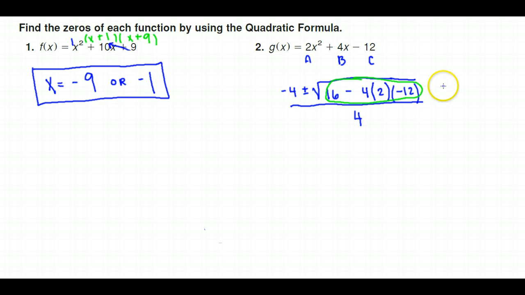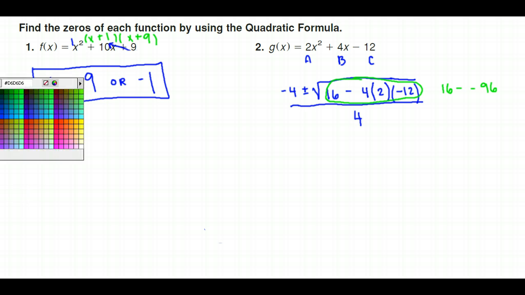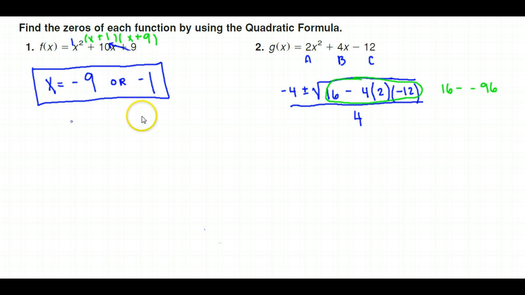So inside that radical we end up having 16 minus negative 96. You don't want to forget that if you have minus a negative, that's actually plus. So really that's plus positive 96. 96 plus 10 is 106, plus another 6 is 112.